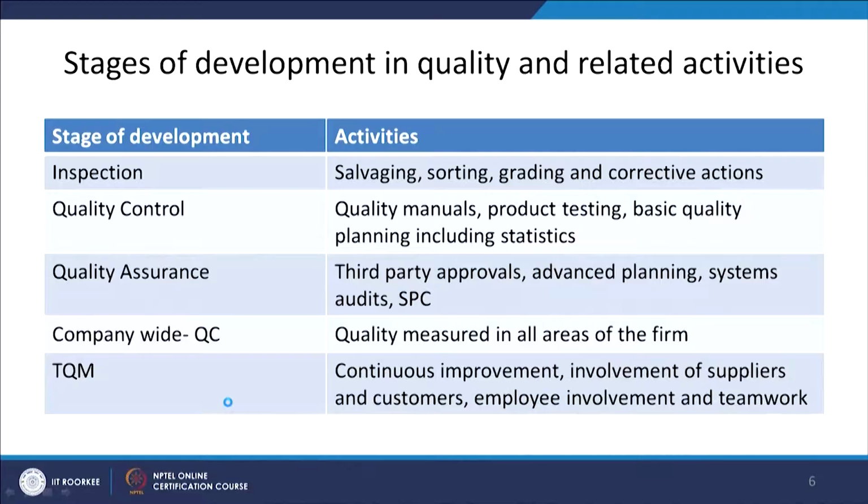Then improving further, we move to the stage of quality assurance. Now, in quality assurance, we started giving a lot of emphasis to statistical process controls, and at the same time third party approval started. We started inviting some other organizations to approve our processes. If I am a producer, you are my customer.